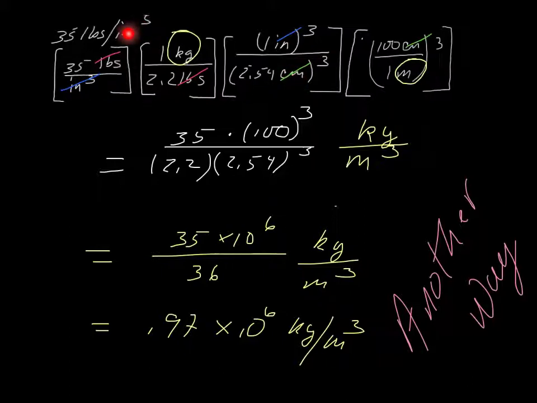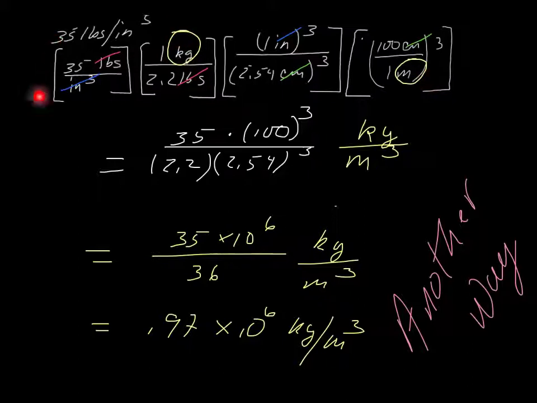We want meters cubed in the end. So now we have to get rid of the centimeters, right? So that's 100 centimeters per meter, the quantity cubed. You can do it that way. And now your meters cubed will remain, and your centimeters cubed will cancel out here. And all you're left with is the stuff in yellow, kilograms per meter cubed.